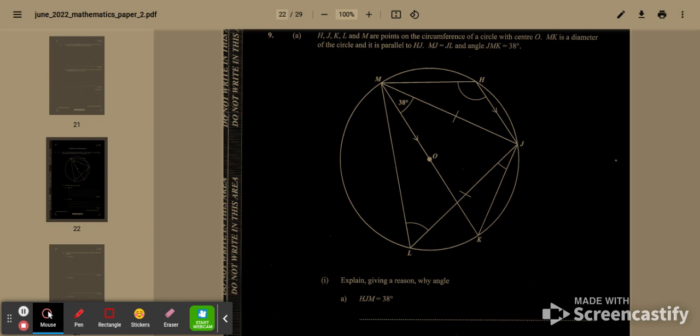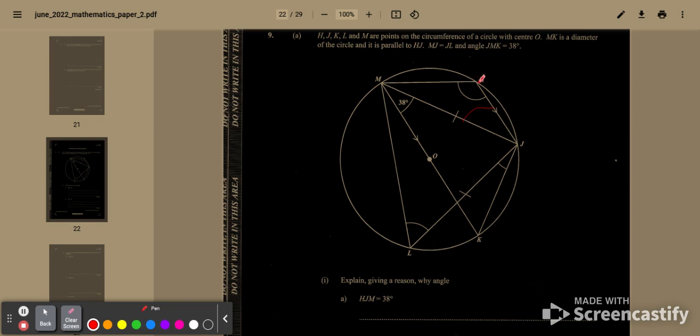So before, they're asking for a reason. They say explain, giving a reason, why angle HJM is equal to 38 degrees. So let's look where HJM is. HJM, they're speaking of this angle and they want to know why it is equal to 38 degrees.